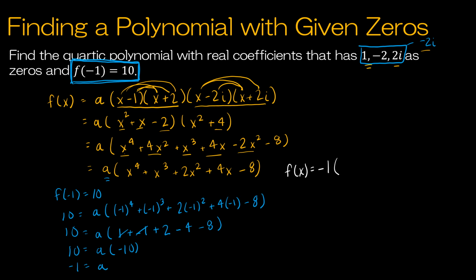And then, where was my solution? x to the 4th plus x cubed plus 2x squared plus 4x minus 8, which is negative x to the 4th minus x to the 3rd minus 2x squared minus 4x plus 8. That is my final solution.